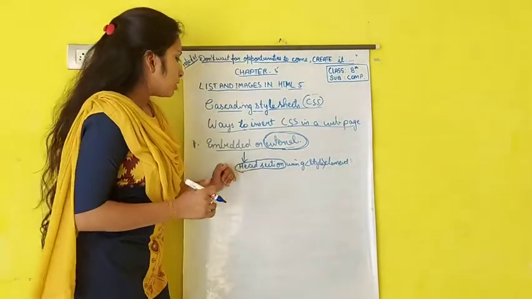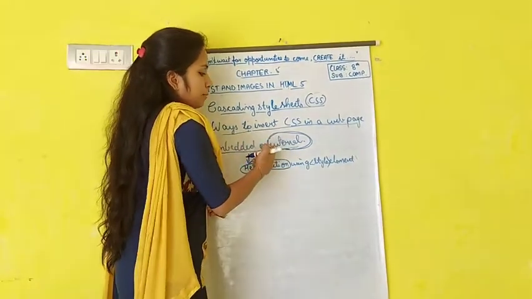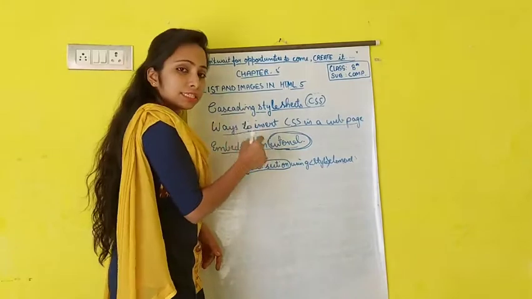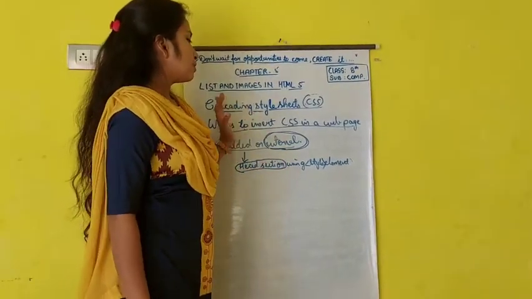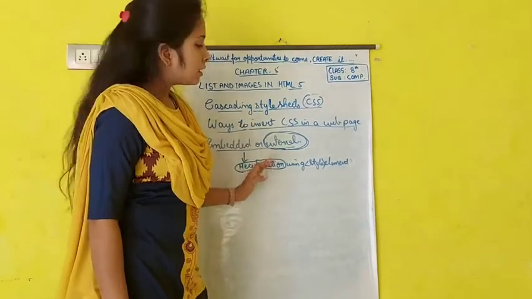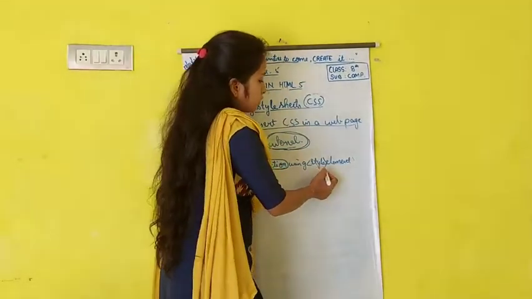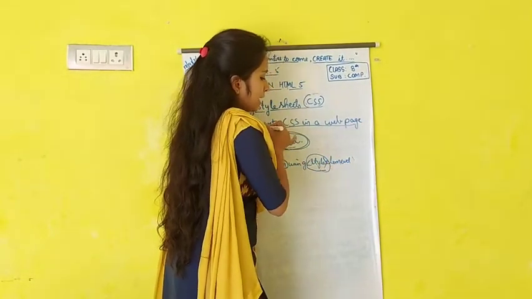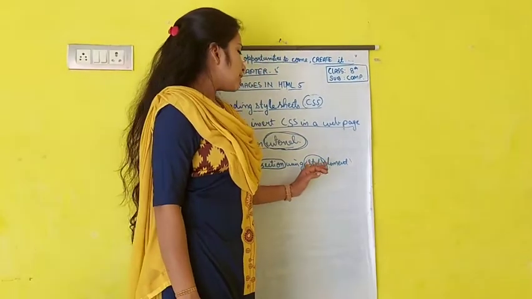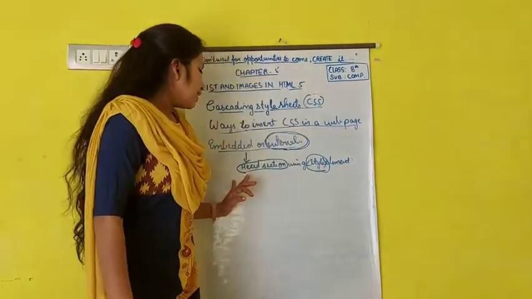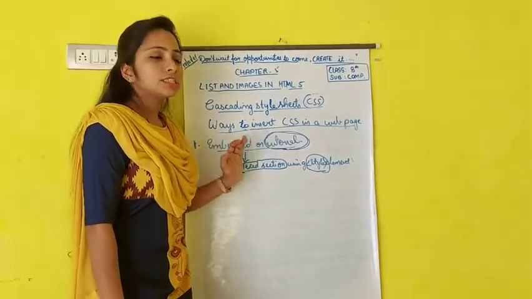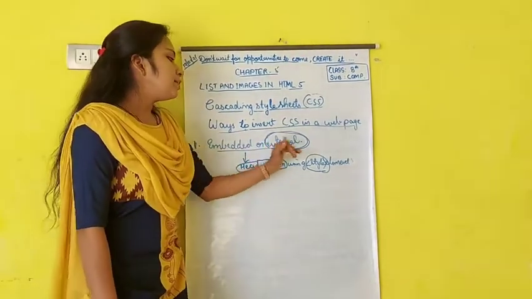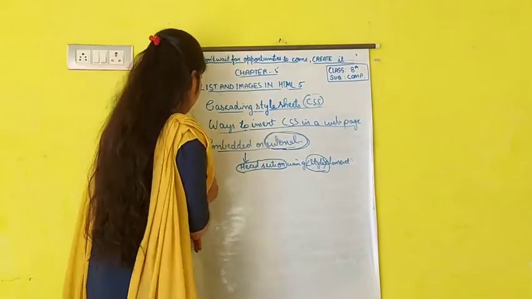So here this embedded or internal type of CSS insertion will be in the head section of the web page. Clear? And the element which we use here is the style element. Using the style element, we can make changes in the head section. This is what it is about embedded or internal. Now we will see the second one.